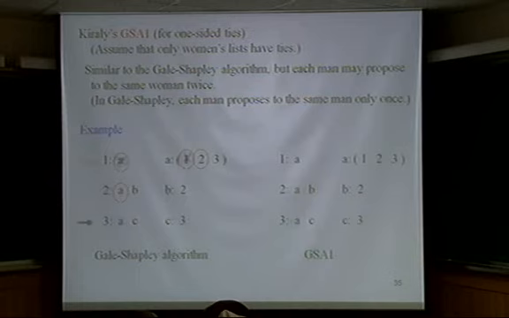Next, 3 goes to A, but 3 is rejected for the same reason, and 3 goes to C, and C accepts 3. Even though 1 is single, he has no more women on his list. So the algorithm stops here, and Kiraly's GSA1 matching size is 2. Kiraly's GSA1 is the same up to this point.